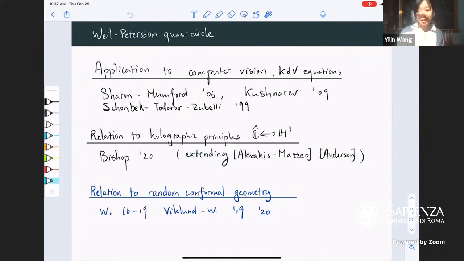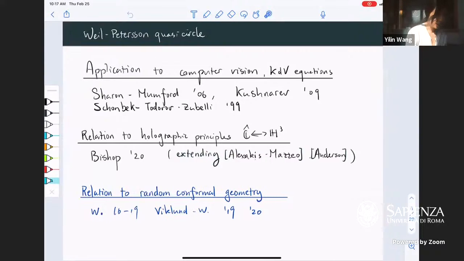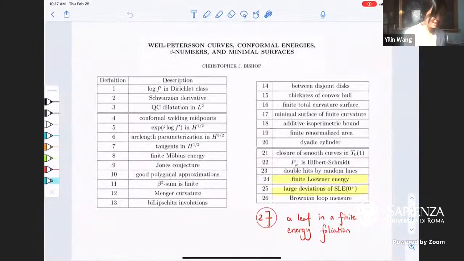And also, as you heard from Frederick's talk, now these Peterson quasi-circles are related to random conformal geometry as being the curves with finite Loewner energy, the large deviation rate function of SLE. All right. And again, this is a list of Bishop's results.